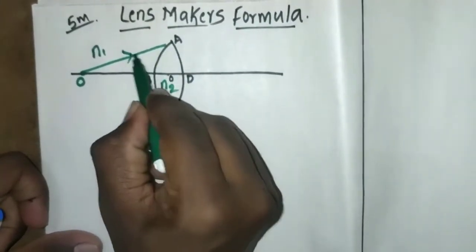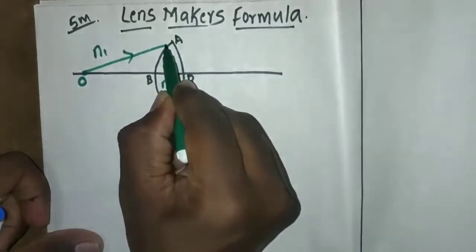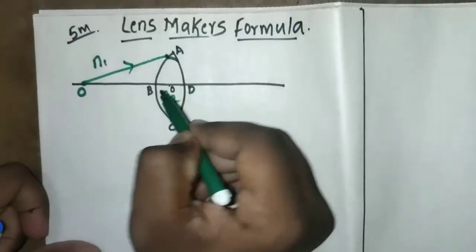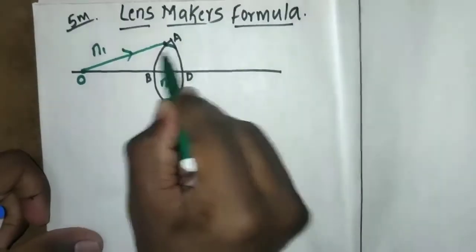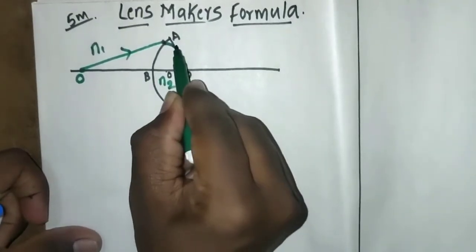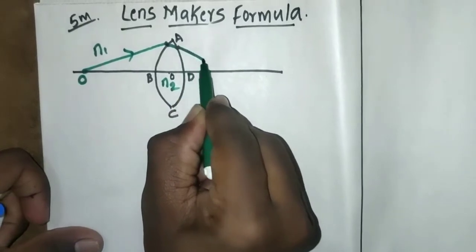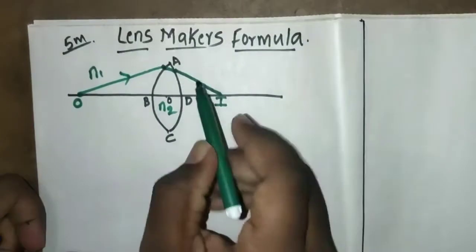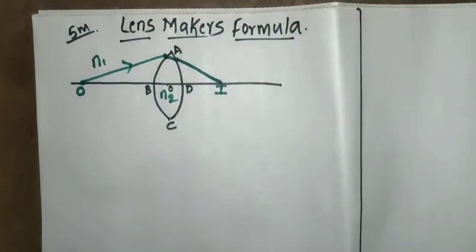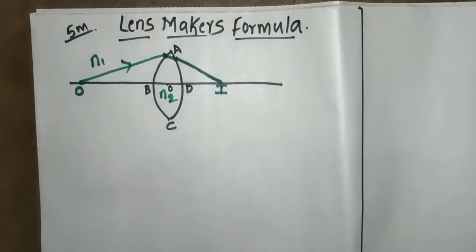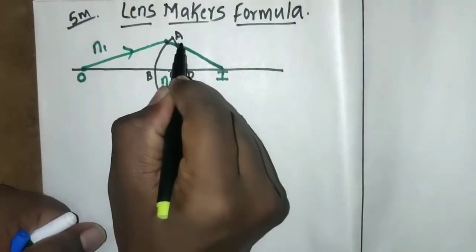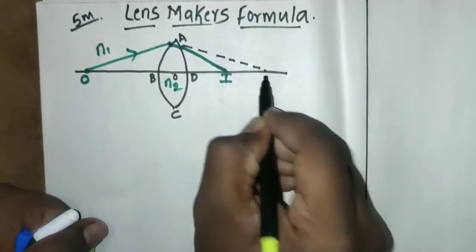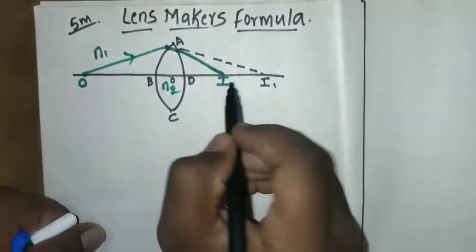Now due to the change in medium, this incident ray will undergo refraction. Due to refraction the incident ray will bend and form an image I. This is the image I, and I will draw another construction, I1.